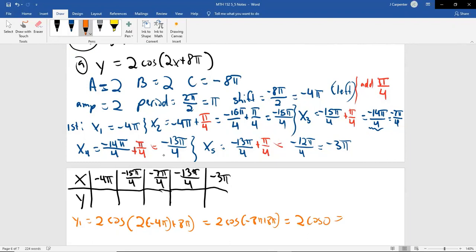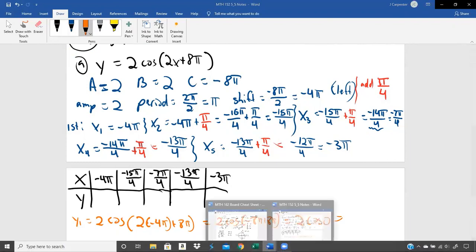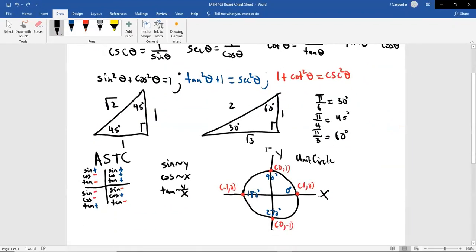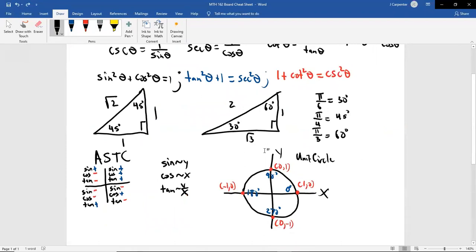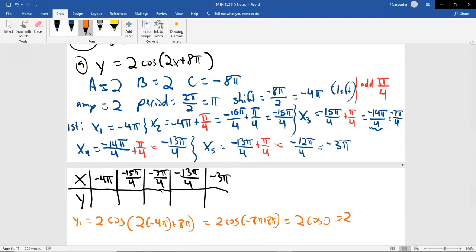The cosine of 0, if you go back to your sheet stuff, and again, this is the stuff that you are allowed to write once you start a test, but you cannot have written down beforehand, don't you dare. So cosine of 0, cosine's the x-coordinate is 1. So this is 2 times 1, which is 2, confirmed.